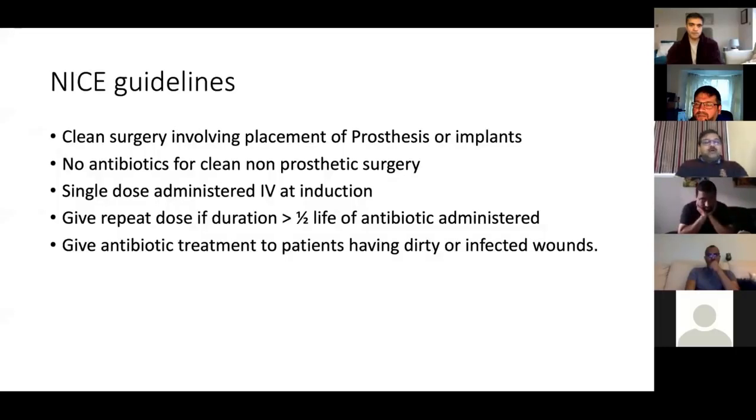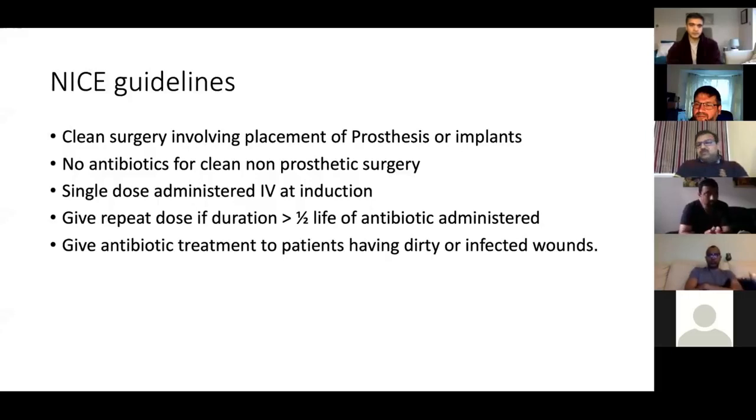One of the important things to see here is the NICE guidelines. The NICE guidelines say that clean surgery involving placement of prostheses or implants must receive prophylactic antibiotic. No antibiotics for clean non-prosthetic surgeries. A single dose administered intravenously at induction of anesthesia.